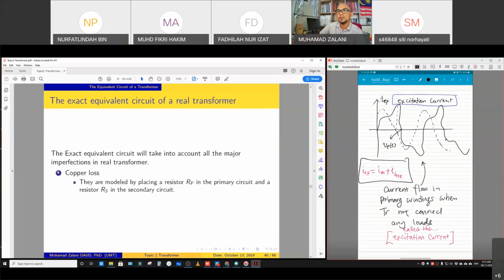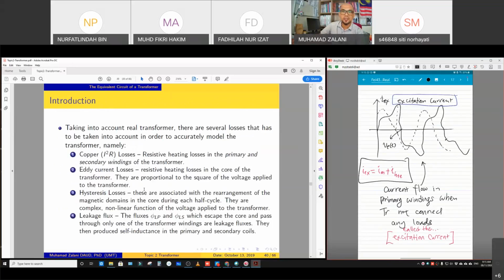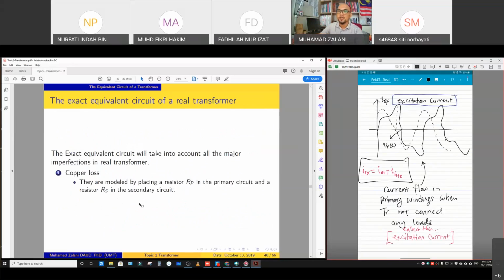For the real transformer, we'll be talking more about the losses. We consider all of the losses, four types of losses here: copper loss, eddy current loss, hysteresis loss, and leakage flux loss. We represent these components in terms of inductance and also the resistance of the equivalent circuit of the transformer. So we'll be talking about this later.